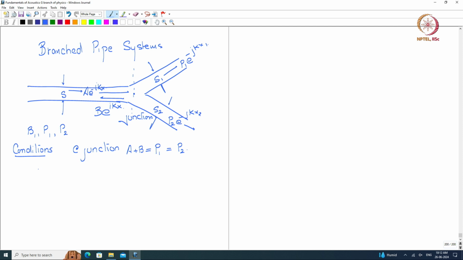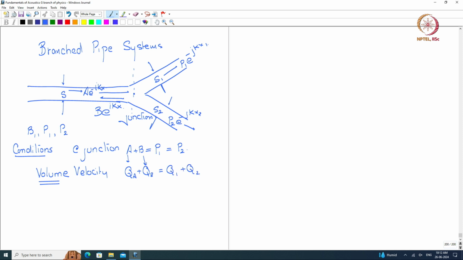The other is the volume velocity. We have to see continued volume velocity because now the pipe cross sections are different. So that means what? QA, volume velocity due to wave A, plus QB, volume velocity due to B, must be equal to Q1 plus Q2.